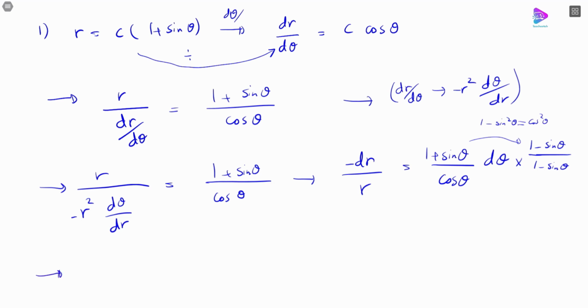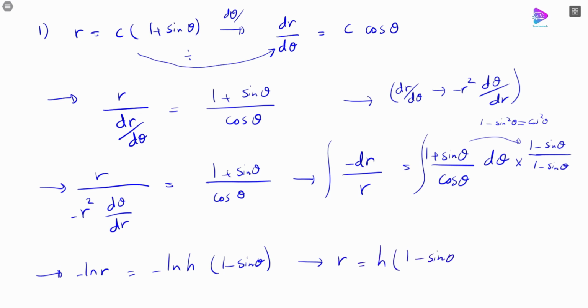So then integrating will give you minus ln r is equal to minus ln h times 1 minus sine theta, and therefore r would be equal to h times 1 minus sine theta, h being a constant. So that's another example. We can look at one last example here too.